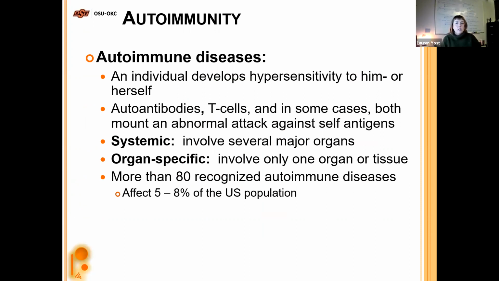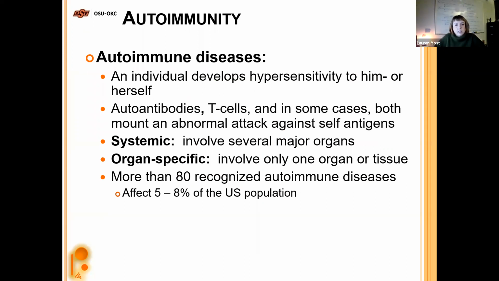So autoimmune diseases, we've stepped a little bit into the concept behind these. This is when an individual develops a hypersensitivity to themselves: proteins, cells, whatever it is within yourself. Autoantibodies, T cells, and sometimes both can mount an attack against you.